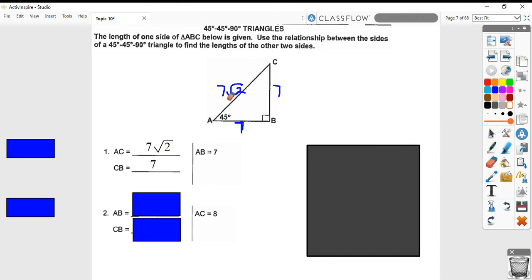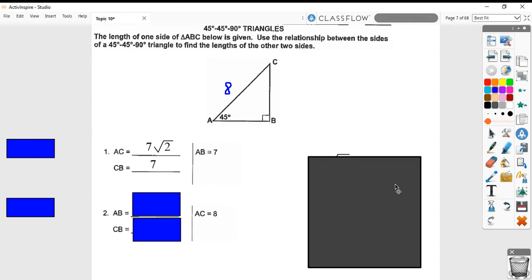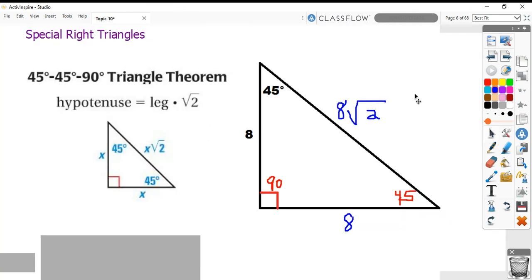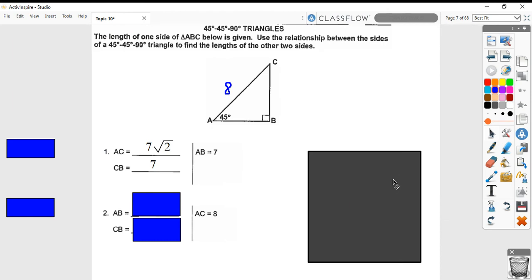Take a look at our last problem. Last problem for today. We've got this time AC. Well, AC is our hypotenuse, right? So if the hypotenuse is 8, we know that our formula says the hypotenuse equals leg times square root of 2, right?